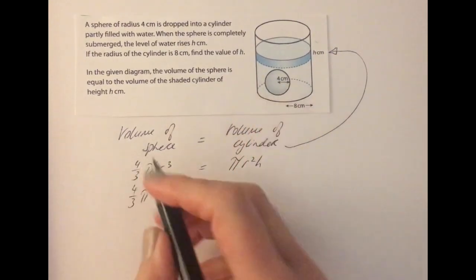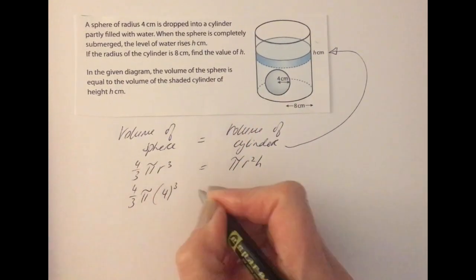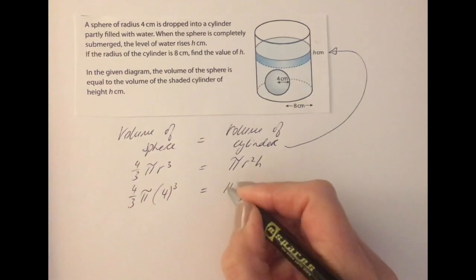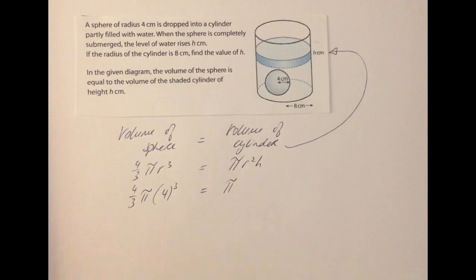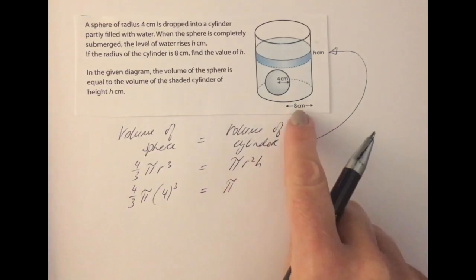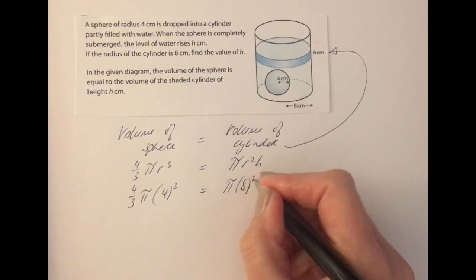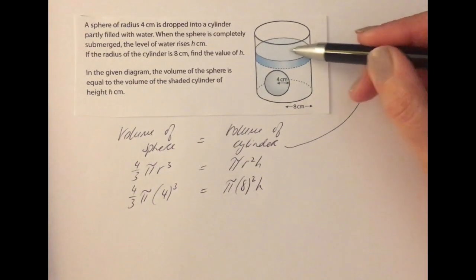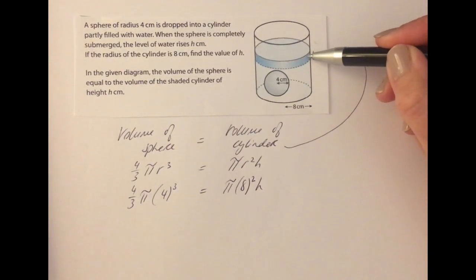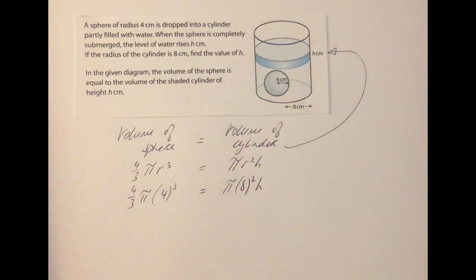The radius of the sphere is 4 cubed. The radius of the cylinder is quite clearly 8, so that's 8 squared. And the height, of course, is that little height, that little cylinder part we're looking at here. So h. And we're looking for h.